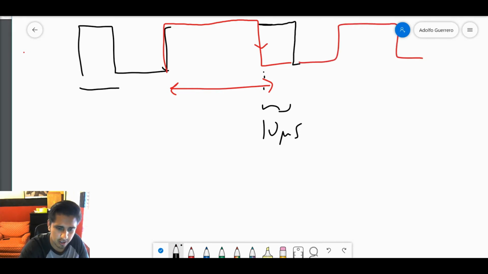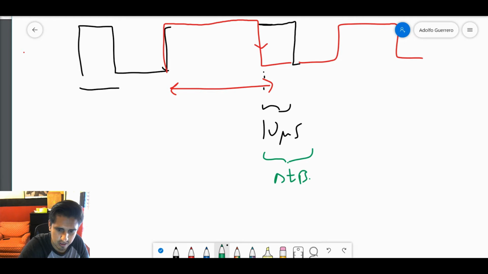However, what I'm going to do is add a buffer period here. This green means buffer. So at the end of this interrupt service routine, rather than enabling the trigger signal again, we're going to use a timer that'll go off after some delta T buffer. After that goes off, we hit another interrupt service routine.